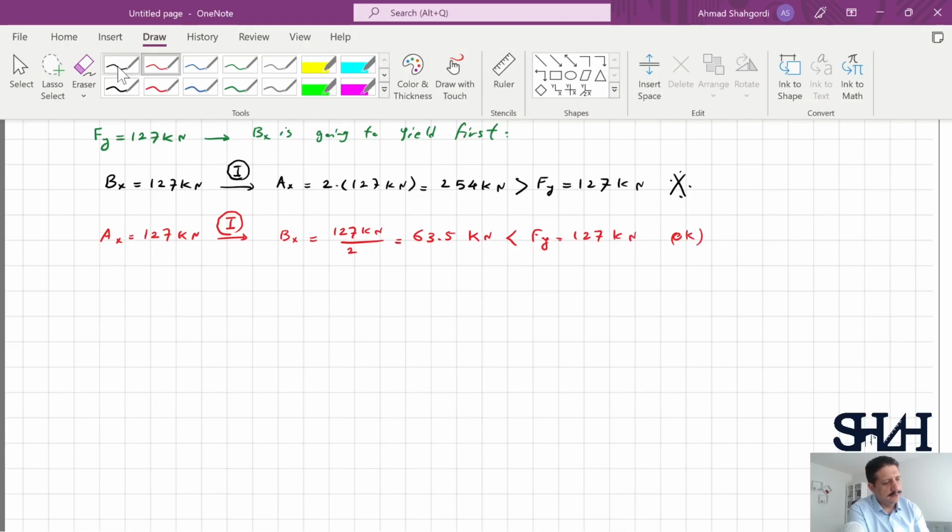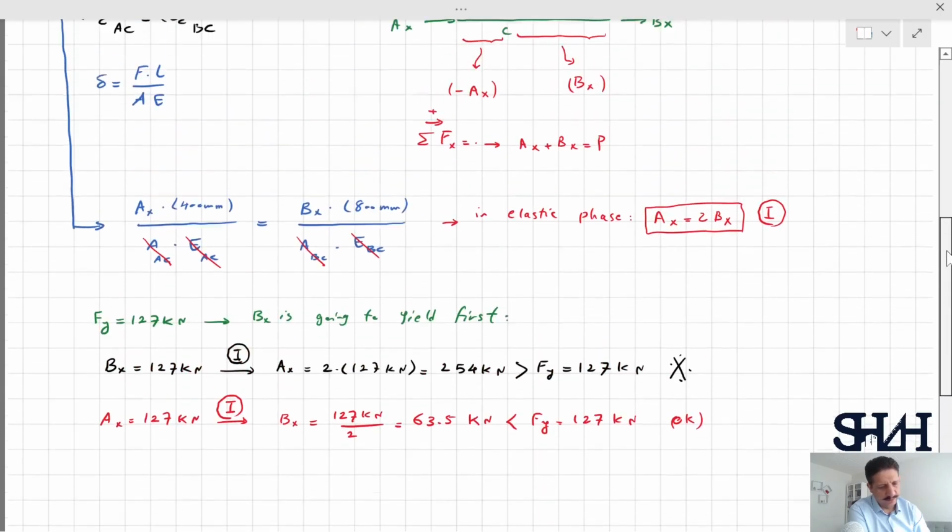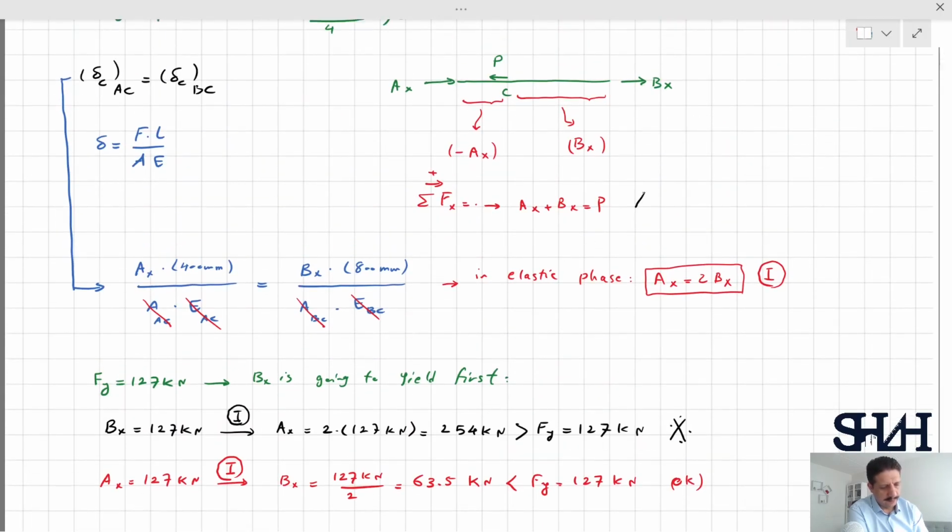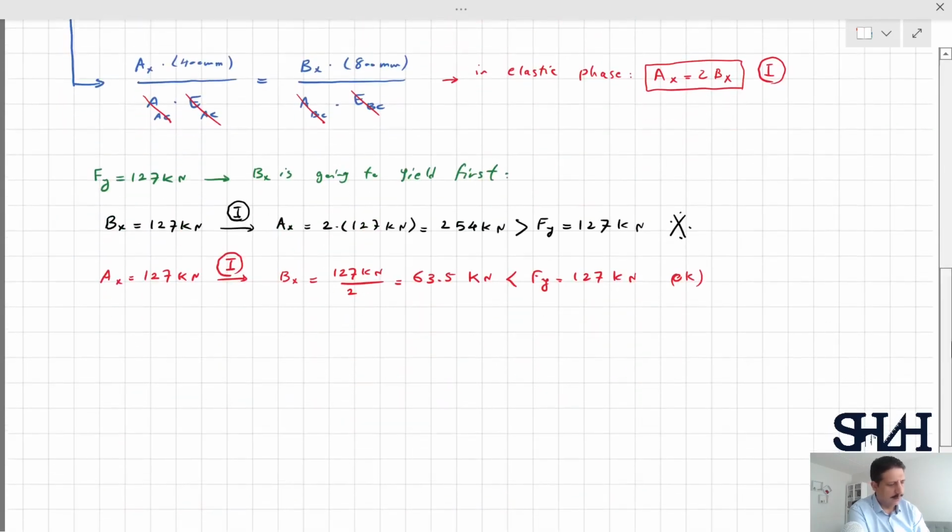Then we have the equation star. From that star equation, we can see that P will be AX plus BX, which is 127 plus 63.5, which is 190.5 kilonewton.